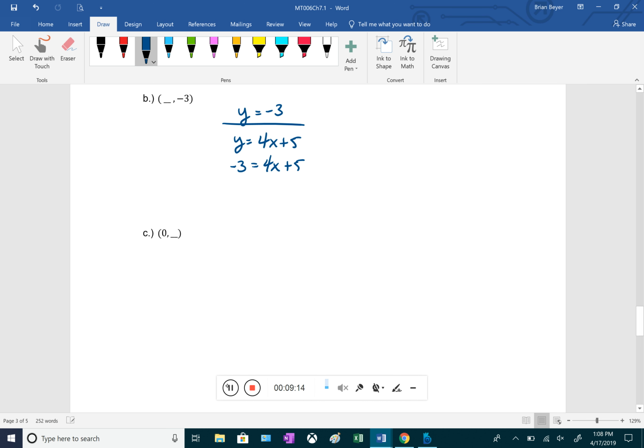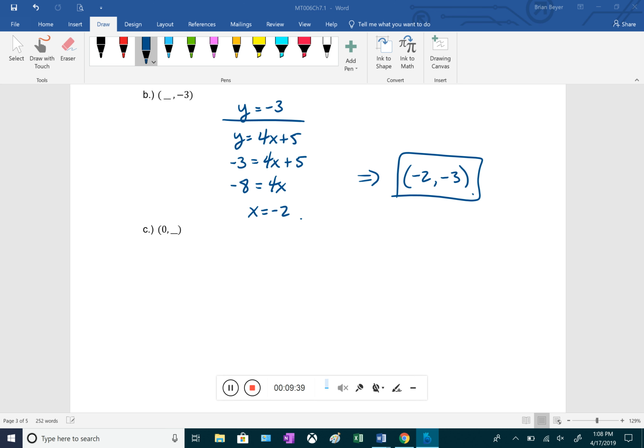So hopefully we remember how to solve linear equations. We have to subtract 5 on both sides. That'll give us -8 equals 4x. Divide both sides by 4, we get x equals -2. So this is going to be the coordinate -2, -3.